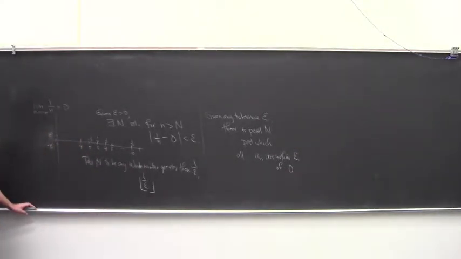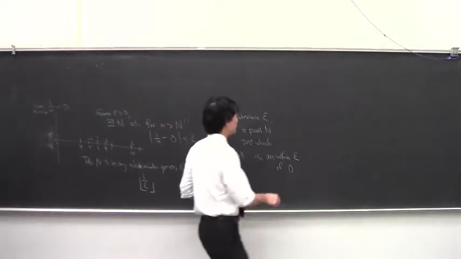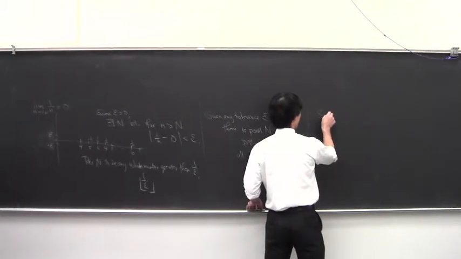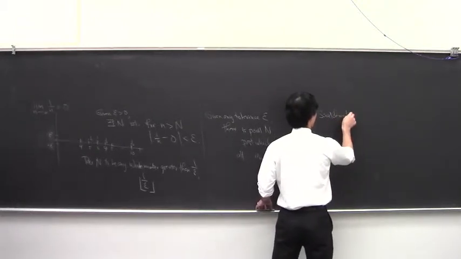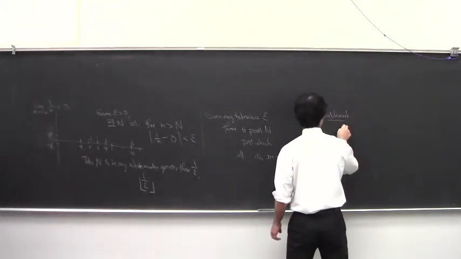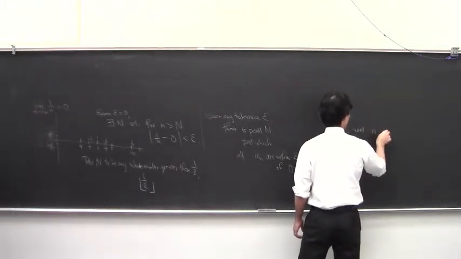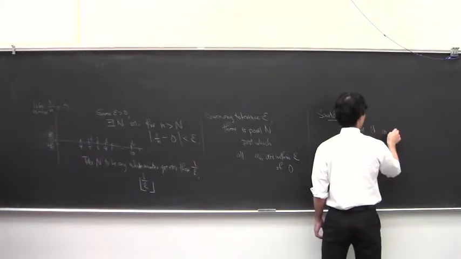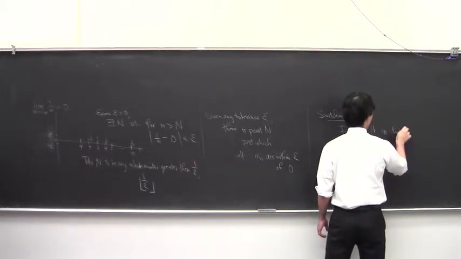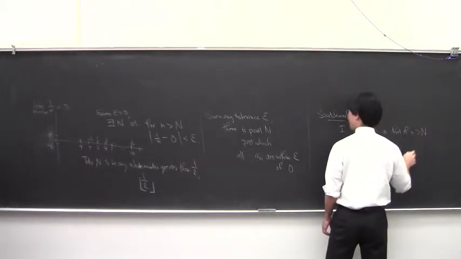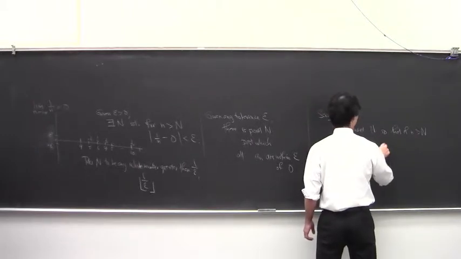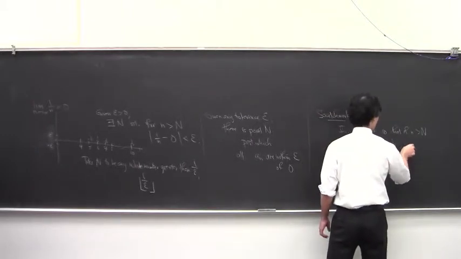Yeah, Claire. How do you do that algebraically, though? Well, you do some scratch work. You'd say, I want N so that if n is bigger than N, 1 over n minus 0 in absolute value is less than epsilon.